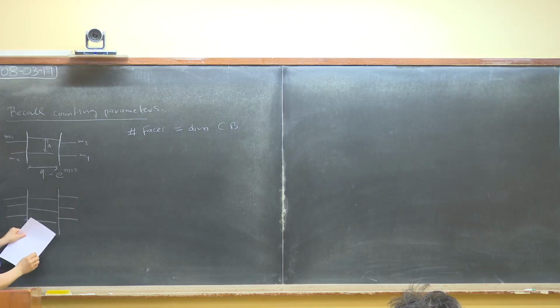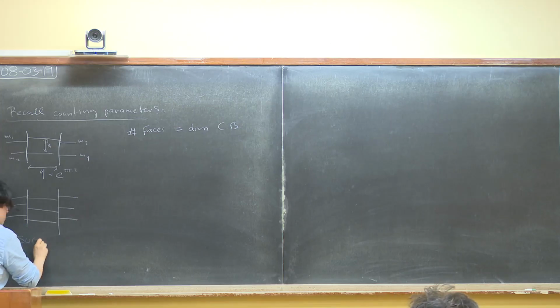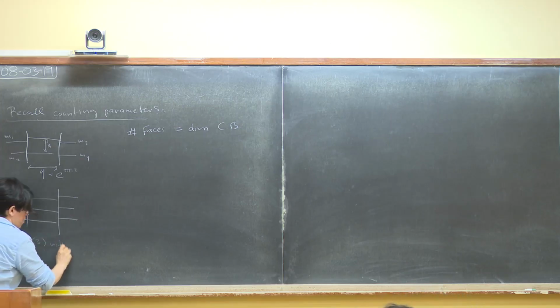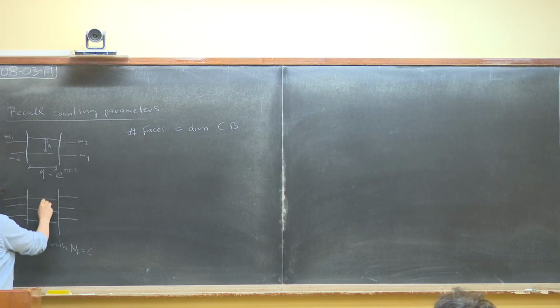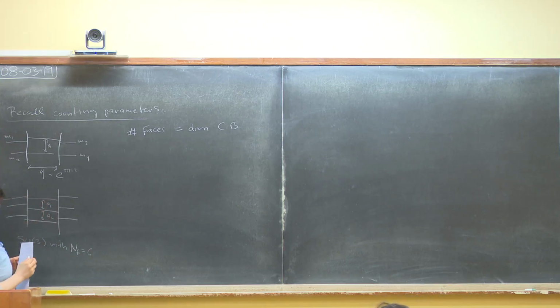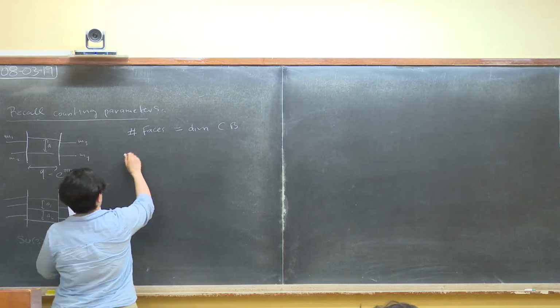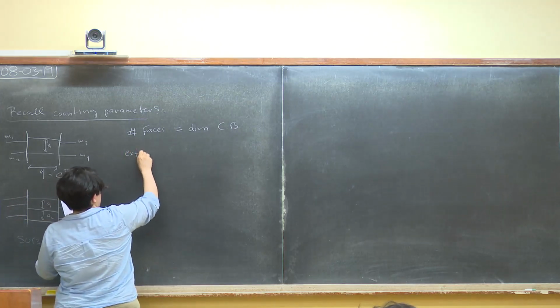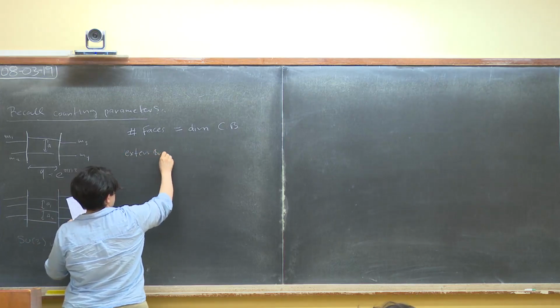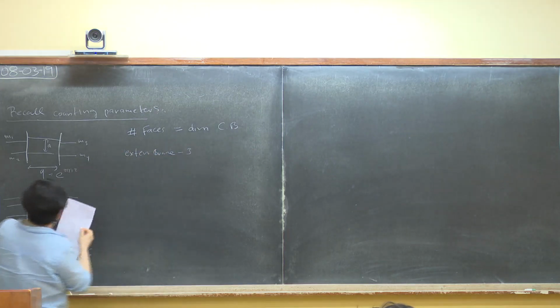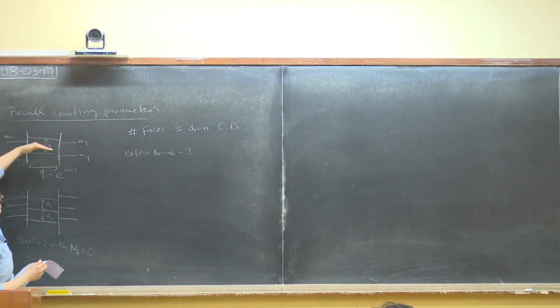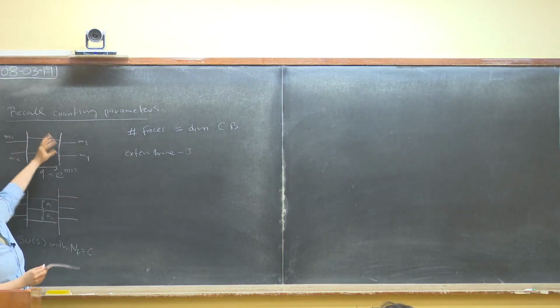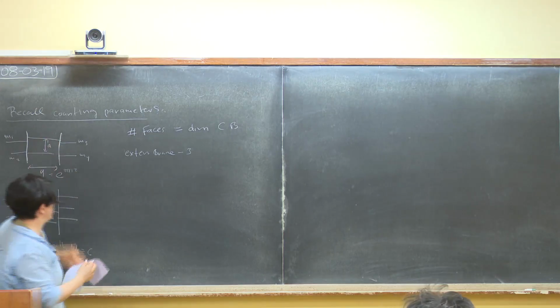This is another example that is of interest, and this corresponds to SU(3) with 6 flavors. Here you see we have 2 faces, so this is the correct dimension of the moduli space. And also the number of external branes, minus 3. 3 is because we can shift this way, and also there is one more because everything should hold together, so there is a condition that everything is conserved.